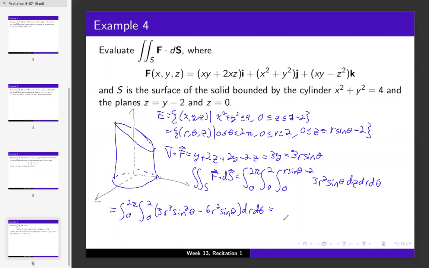Now, sine squared of theta, there's a standard way of doing that, by using the double-angle identity.